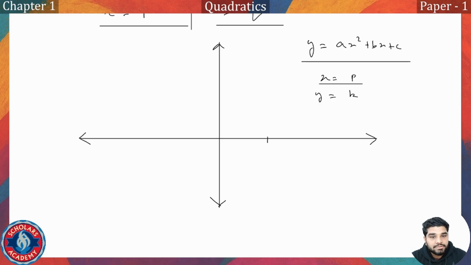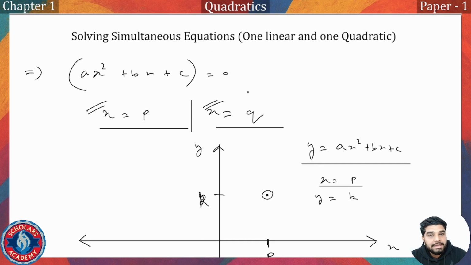So our coordinates will become p in x and k in y, and we get this particular coordinate, right? This is two dimensions. Now a quadratic equation gives us a parabolic curve, and a linear equation gives us a straight line.